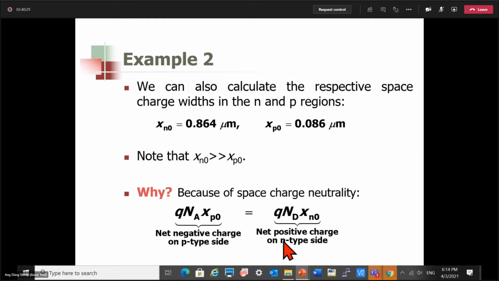Or we can say that in a p-n junction where one side is doped more heavily than the other, 10 times or higher, then the space charge region mostly exists on the lowly doped side of the p-n junction. You can see from this simple calculation, xn0 is much bigger than xp0 in this example.